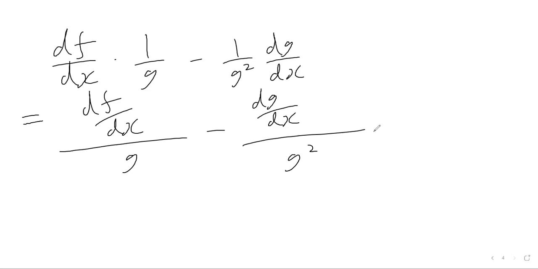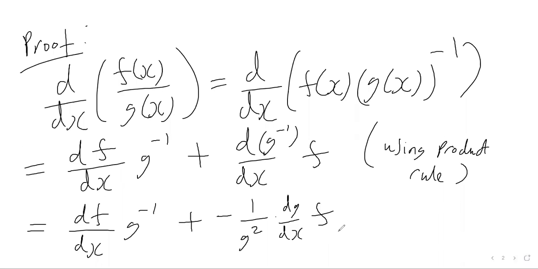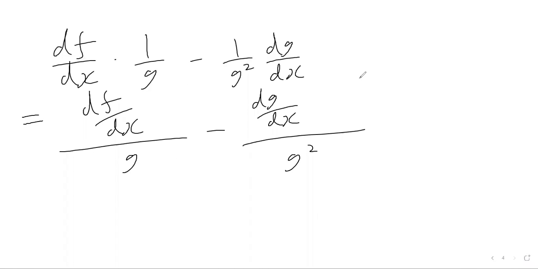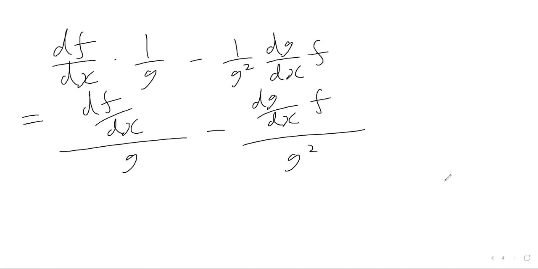Okay, so we're subtracting two fractions, so we want a common denominator. Sorry, I forgot the f here, my bad. There should be an f up here, and an f there, because we've got this function f that I completely forgot from the product rule. So we want to get a common denominator to subtract these two fractions.